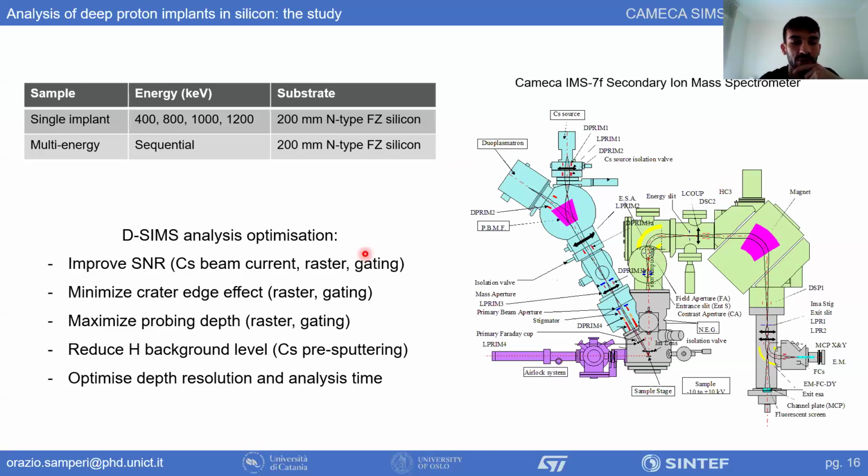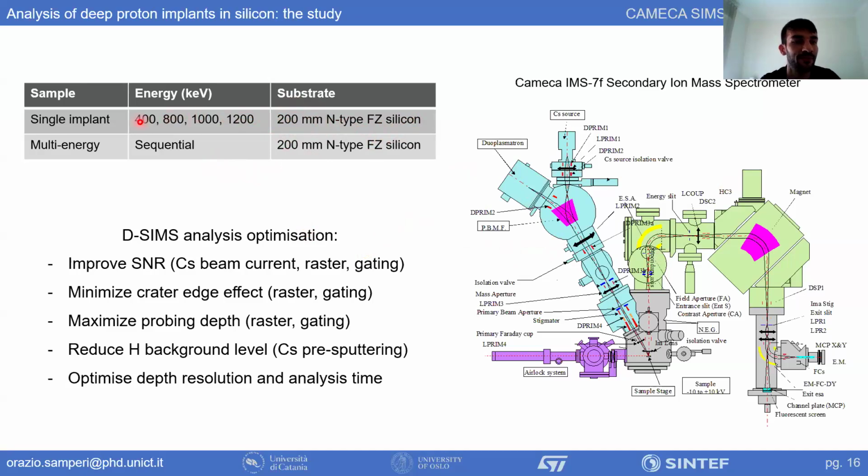Now I will show quickly all the depth profiles I measured on these samples. For this study, I used 8 inch or 200 millimeter N-type silicon wafers, given and implanted at ST Microelectronics.